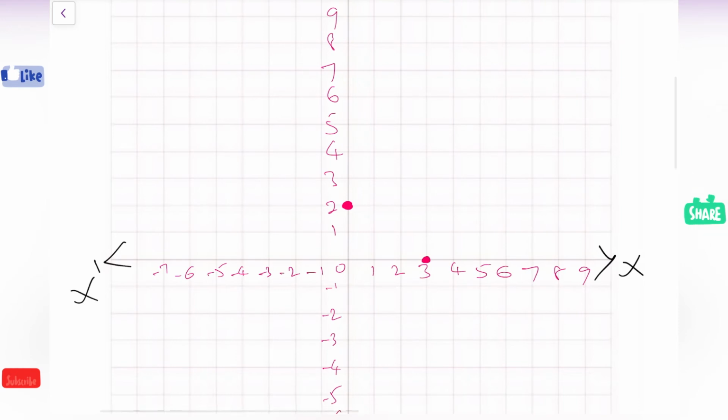Now for linear equations, you always need to join those 2 points with the help of a scale only, compulsory. Those 2 points we need to join compulsory with the help of a scale. This is the first equation graph.